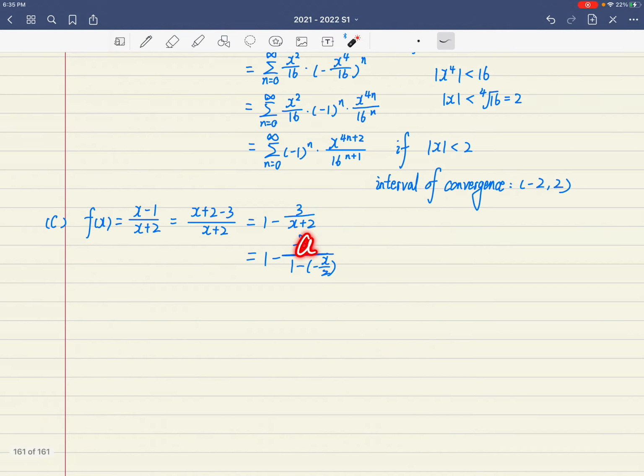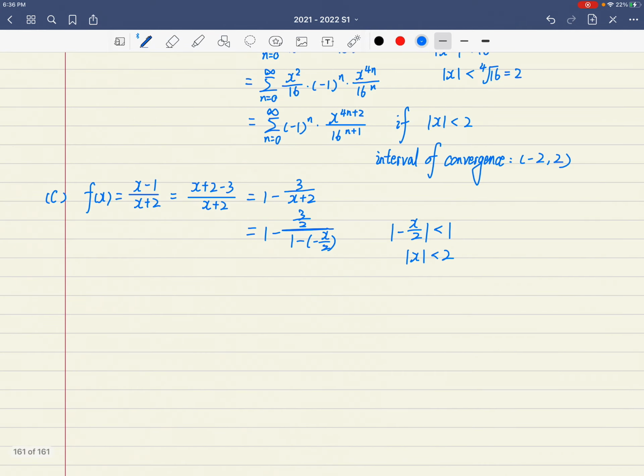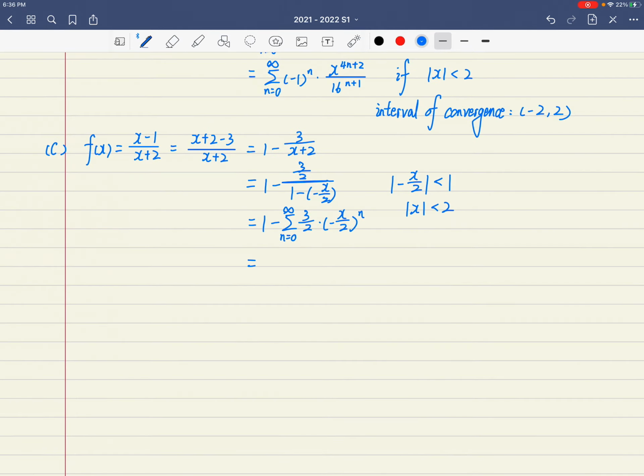Okay, so now this is my a, and this is 1 minus r. Again, I want my absolute value of r to be smaller than 1. In this case, the absolute value of x must be smaller than 2. So if that's true, then it is 1 minus the summation of a times r to the power of n. Then you can simplify it.